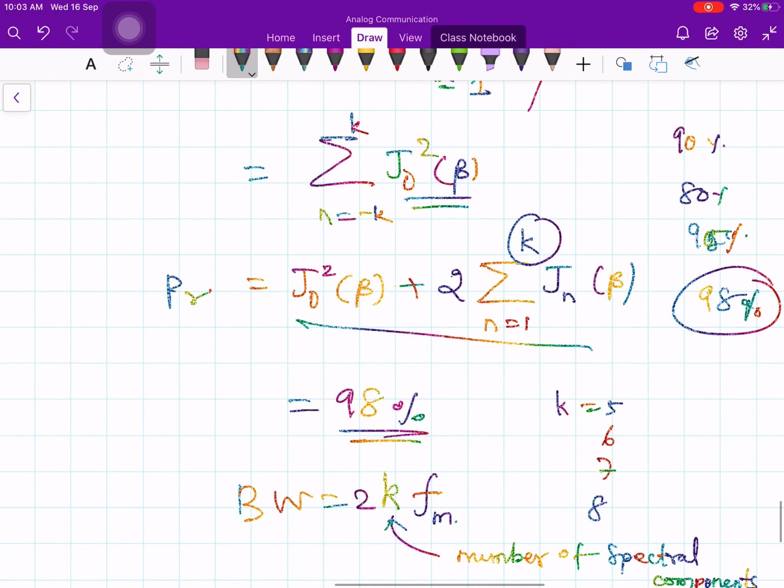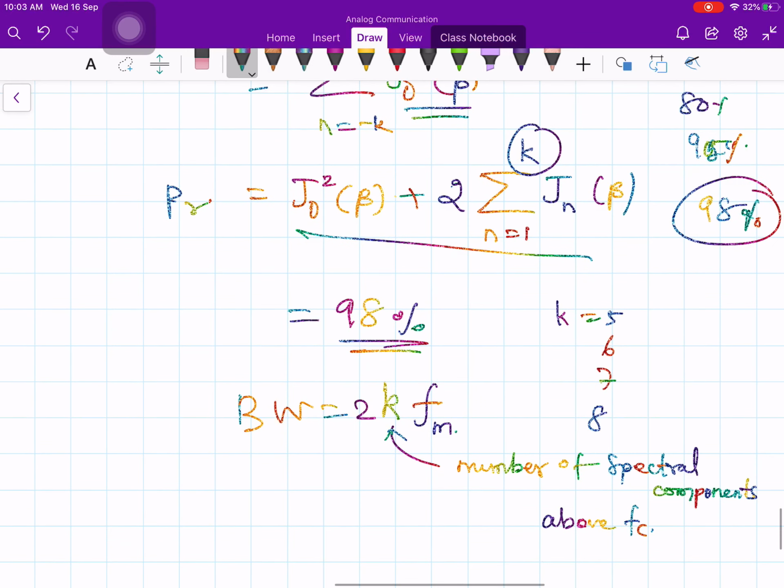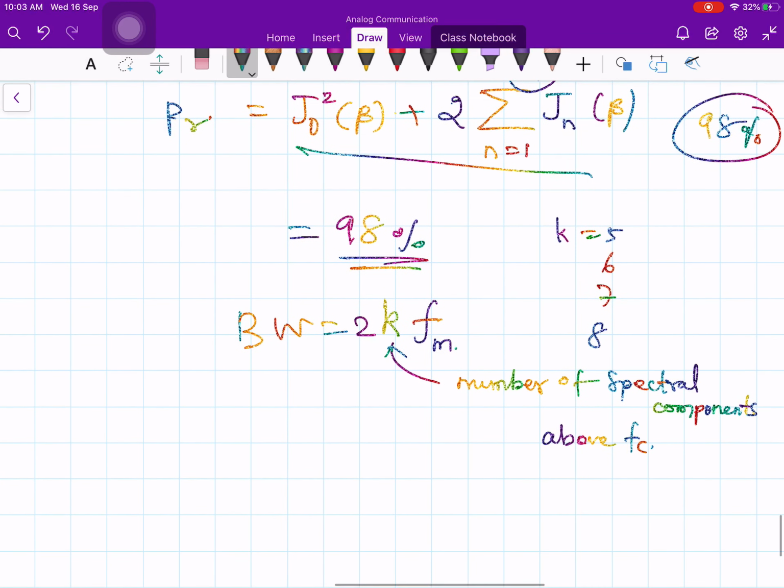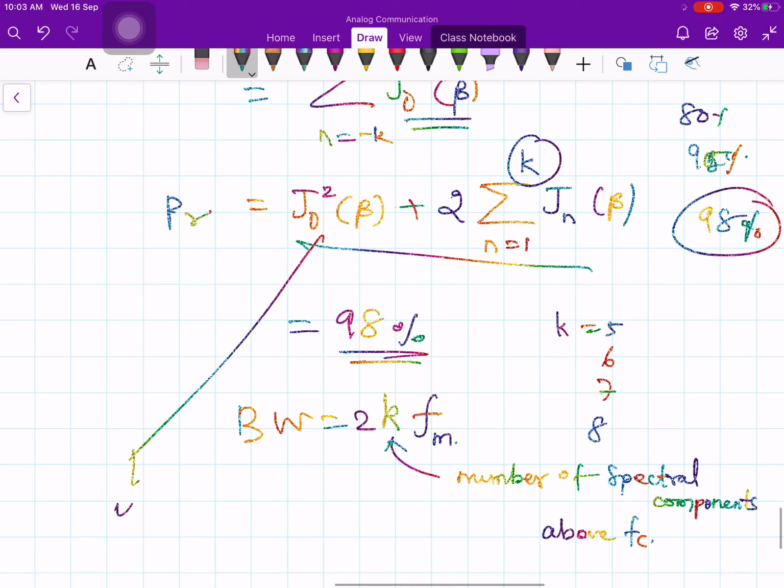So for the power ratio to be greater than or equal to 0.98, that is the 98% bandwidth, what will you do? If you look at the table of the Bessel functions, we cannot simplify this here. You cannot simply find out what k value will give you the 98%. But the Bessel functions are well studied by mathematicians and tabulated in the textbook.